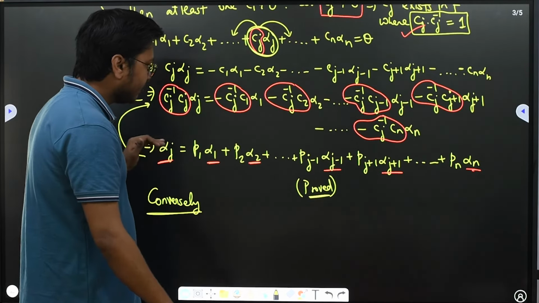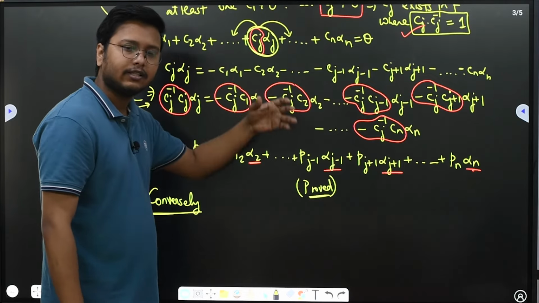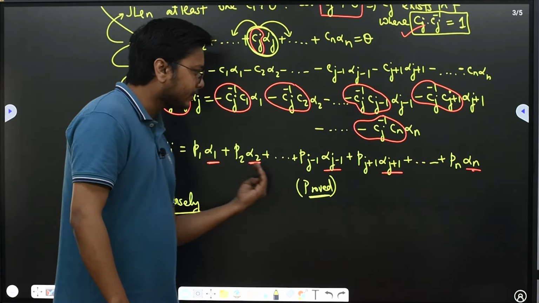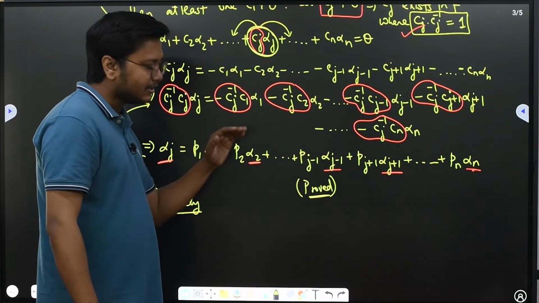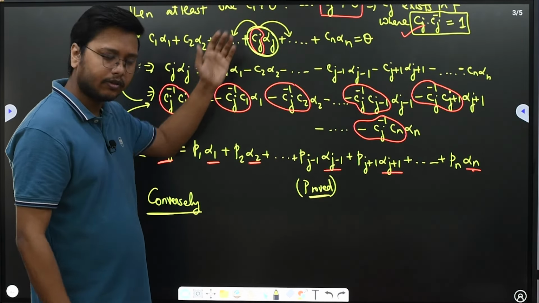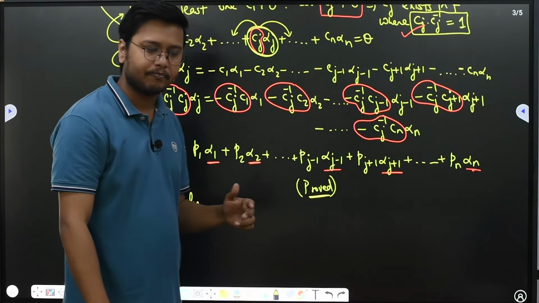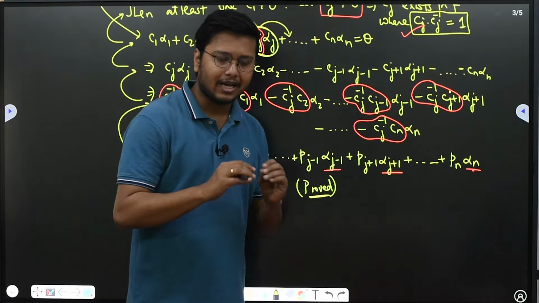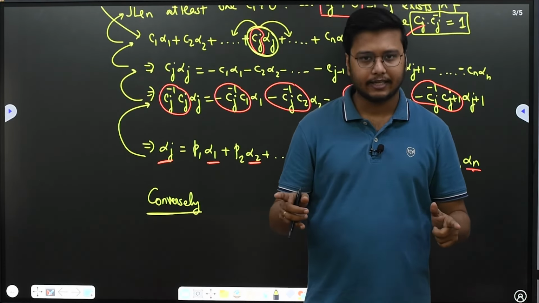We can go one step up every time and reach the same starting point again, that if any element can be expressed as a linear combination of remaining others of a set, then that means that set is linearly dependent, right from where we started. So the conversely thing can be done just by going one step backwards each time. So that's about this theorem, and we complete this part and see you in the next lecture.